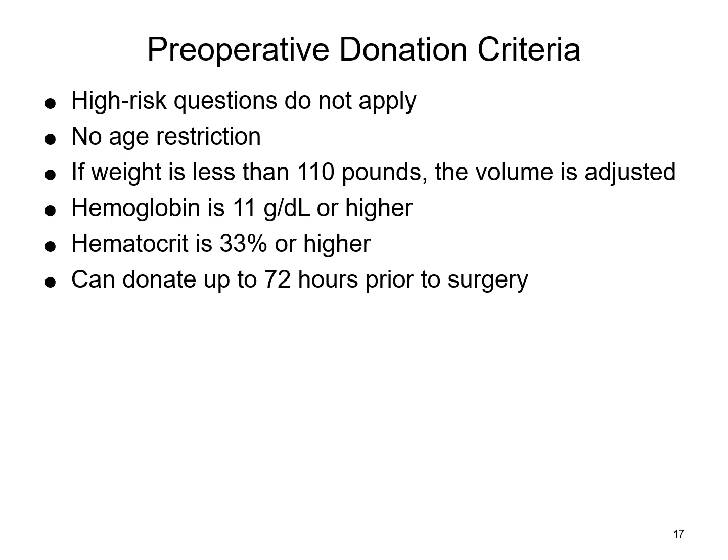There's no age restrictions, and again, if their weight is less than 110 pounds, of course there would be a volume adjustment, and they have to have a hemoglobin above 11 or a hematocrit above 33, and they cannot donate within 72 hours prior to surgery. So if they wanted to do those donations, they would have to have the timing just correct to get enough units donated prior to that 72-hour period before surgery.